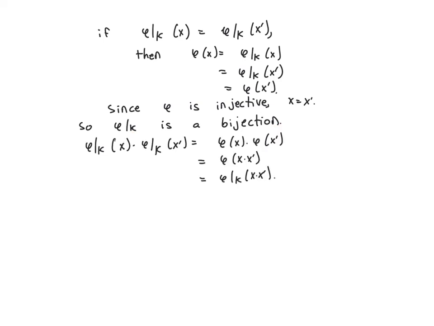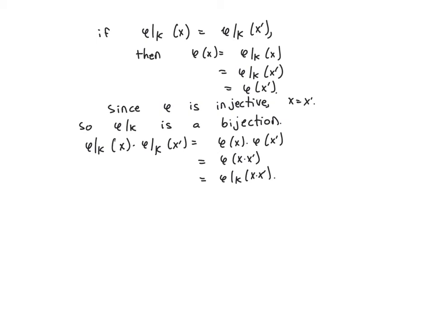Finally, if we take two elements in K, x and x prime, and we do this calculation, this product, well, by definition, phi restricted to K of x and phi restricted to K of x prime is equal to phi of x and phi of x prime. Since phi preserves products, phi of x times phi of x prime is phi of x times x prime. One would like to say that's actually equal to phi restricted to K of x times x prime.